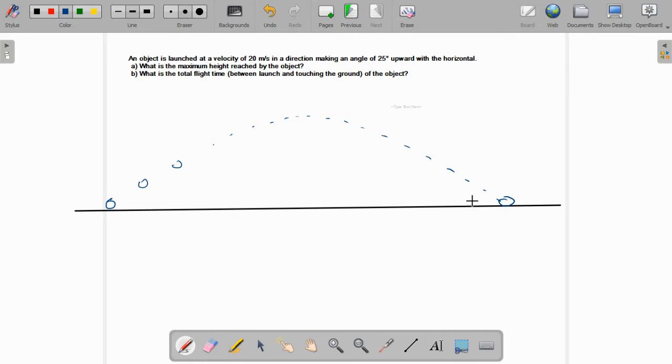This is the trajectory. The projectile was fired with a velocity of 20 meters per second, and they have given that it makes an angle of 25 degrees with the horizontal.